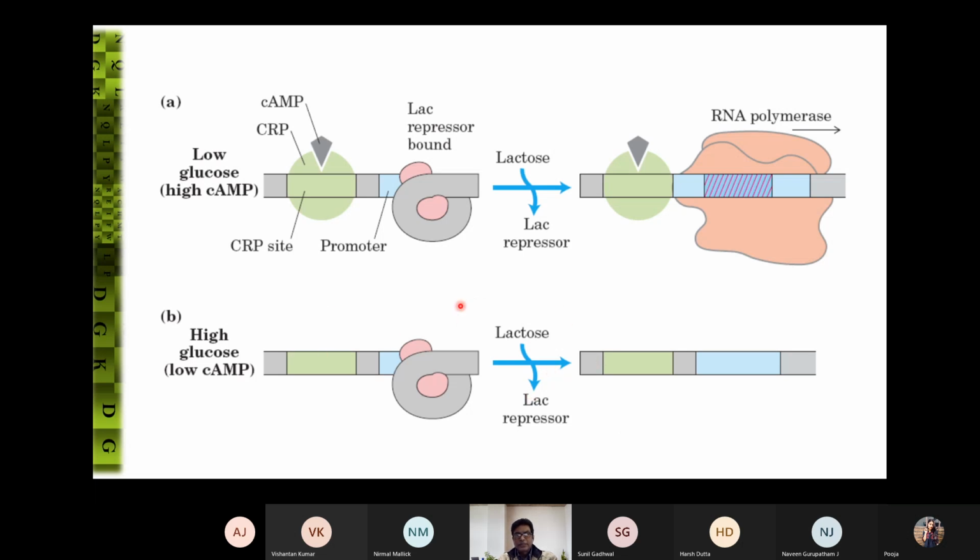And you can get the worst case situation, so you'll have 4 cases. The worst case is when the repressor is bound and there's no cyclic AMP, then you'll have the least amount of this. When you have no lactose and the repressor is bound, plus you have high glucose, then that's when it's nearly shut off. Okay. Any questions on this so far?